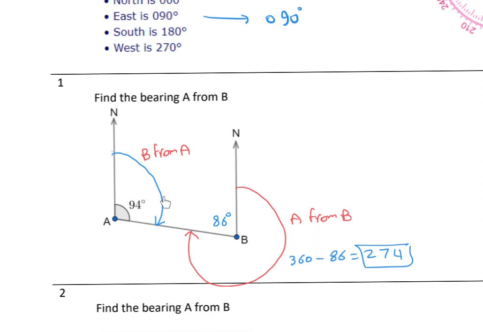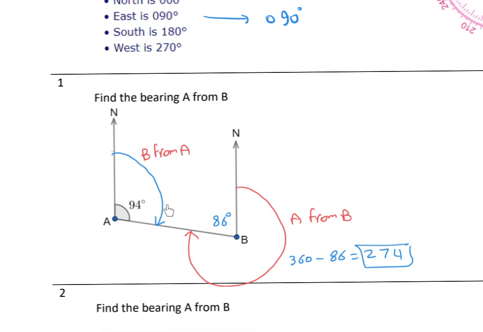The difference between B from A and A from B is always 180. So if you know this one, you can deduce that one. If you have the smaller one, just add 180. If you have the bigger one, subtract 180.